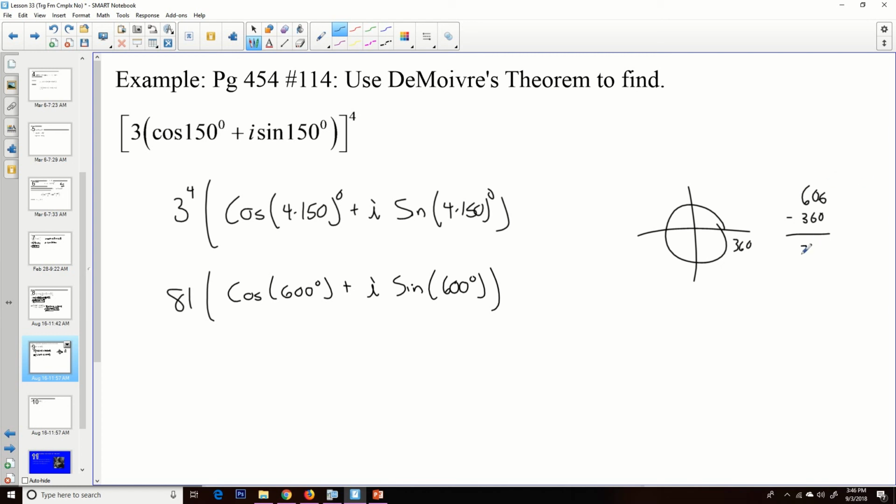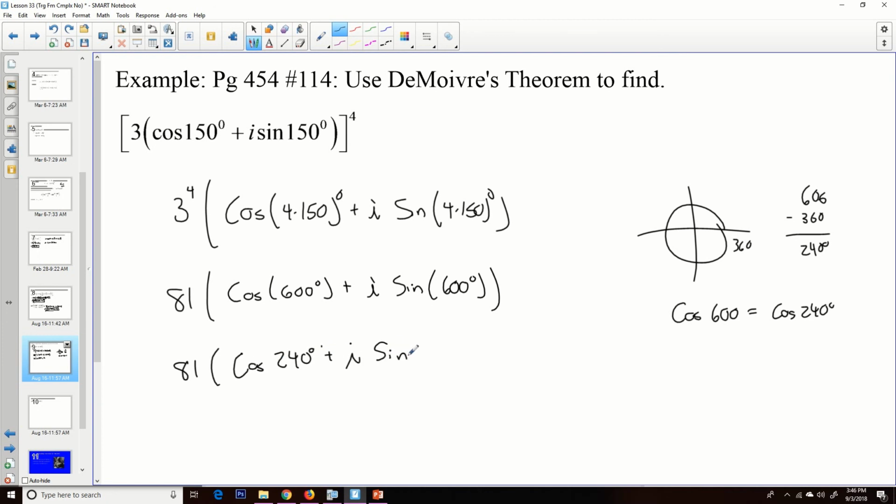So I'm going to end up with 240 degrees. So I'm going to say that the cosine of 600 is the same as the cosine of 240, and just use a reference angle and say that my final answer is going to be the cosine of 240 degrees plus i sine 240 degrees.